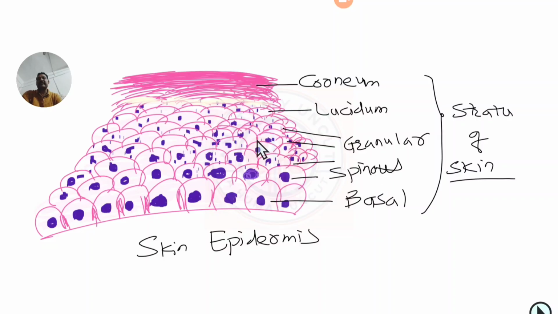If they have some granules of the hyaline material, the proteinaceous material inside the cytoplasm, we call it a granular layer. Then if they have a transparent layer, we call it lucidum. And if they have a surface keratin layer, we call it stratum corneum.